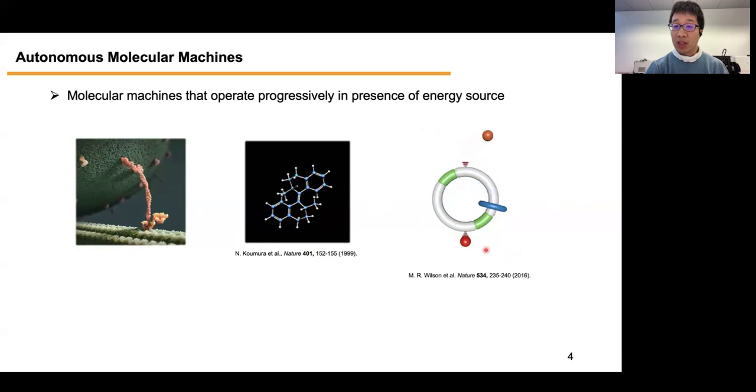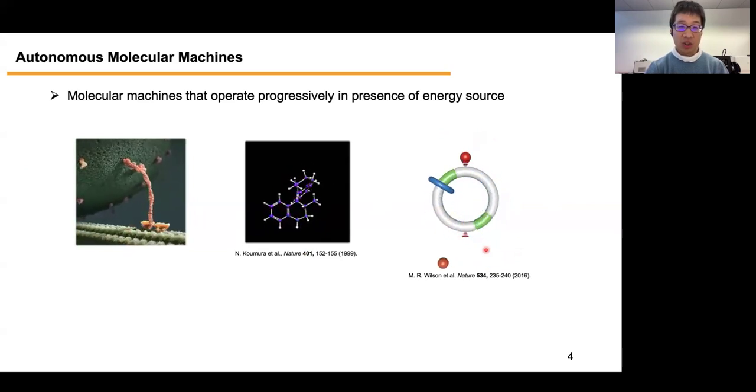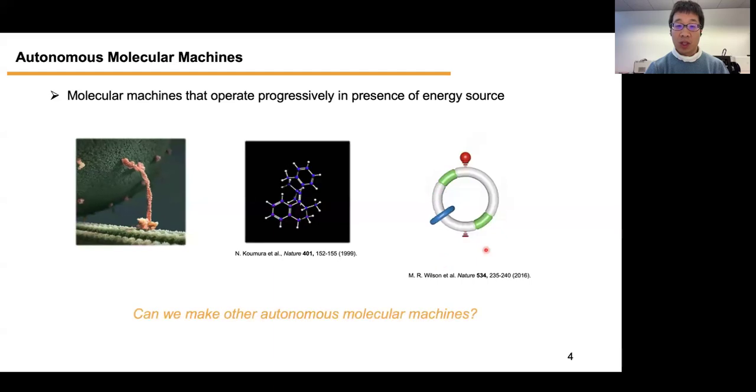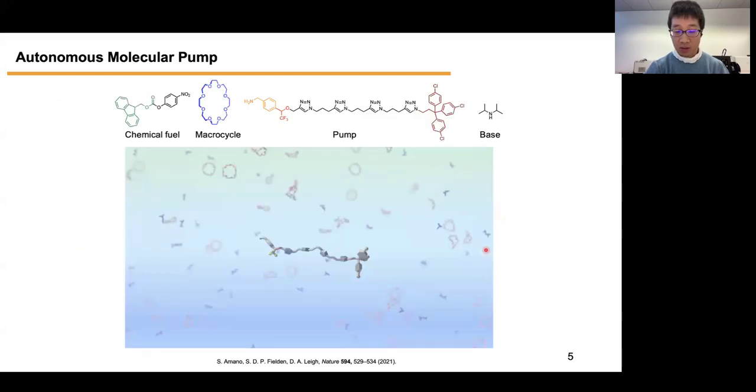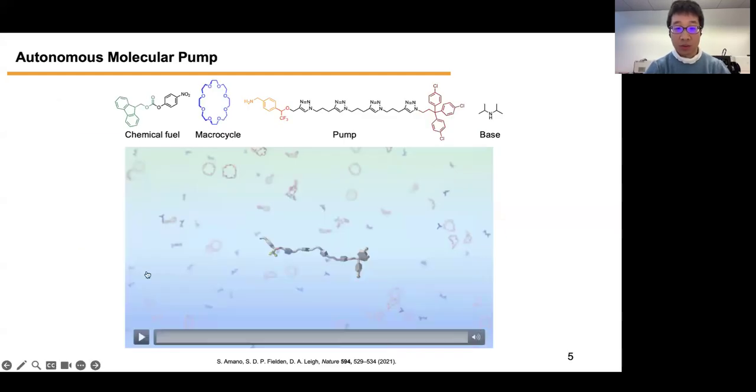And the right one is a chemically driven synthetic rotary motor. But still, the examples of such synthetic autonomous molecular machines were quite limited. So I was wondering, can we make other autonomous molecular machines? And that's what we did.